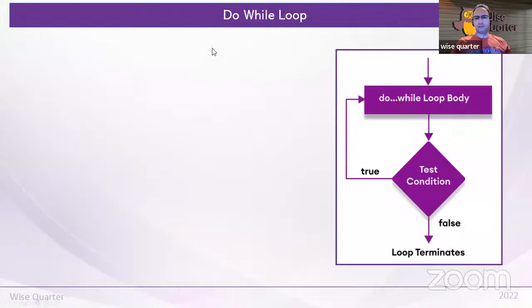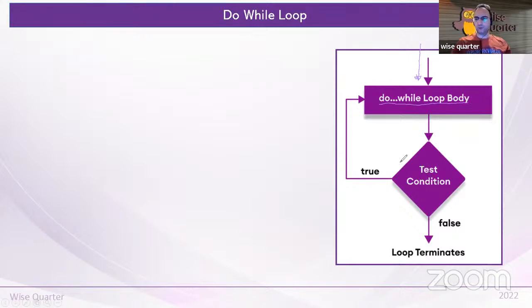When we open this slide, here, there's a diagram explaining how it works. When code comes here in the do while loop, directly the body will be executed, as you can see. It doesn't matter what the condition is, whatever you write in the body will be executed. Then it will check the condition.